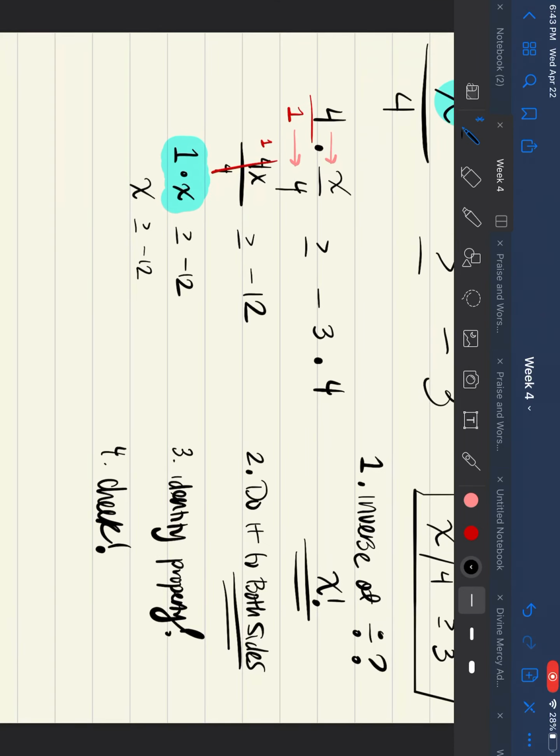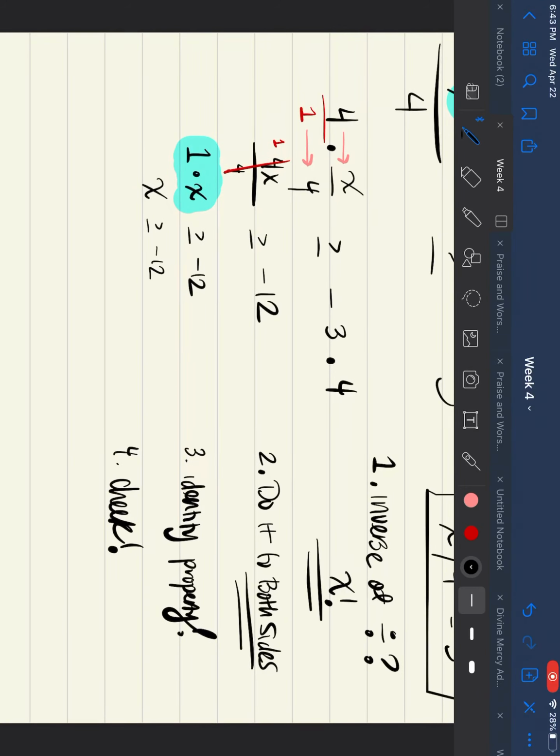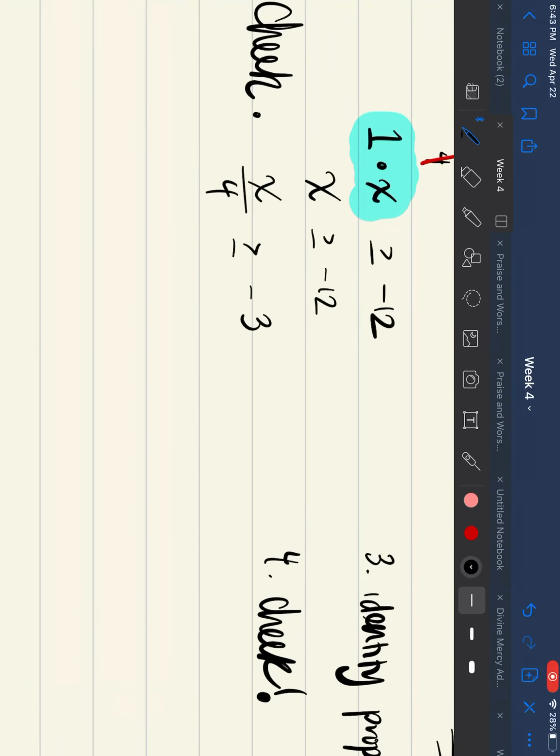So let's see what number can you substitute for x in order for the inequality to remain true. Well, it has to be greater than or equal to negative 12. Let's try negative 12 since that's the number that's given to me. I'm going to check over here. I'm going to rewrite my inequality. And instead of putting in x, we're going to substitute negative 12.